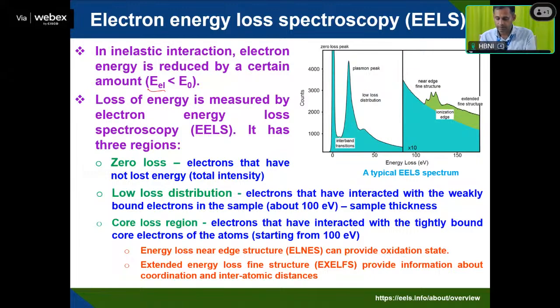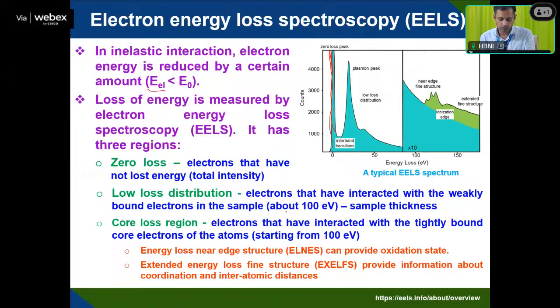You will get this type of spectrum, and in it there will be three regions. One is the zero loss peak. You can see here, this is the zero loss energy, which is mostly the elastic zone. Then there is the low loss region and the core loss region.